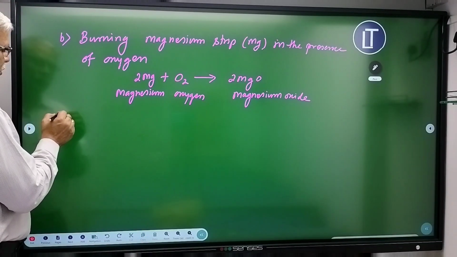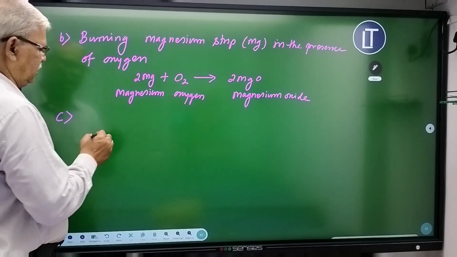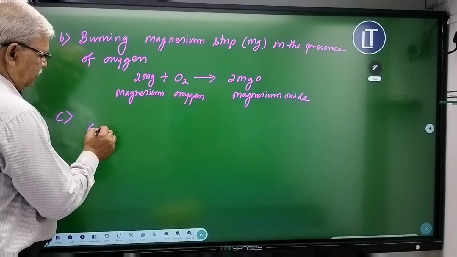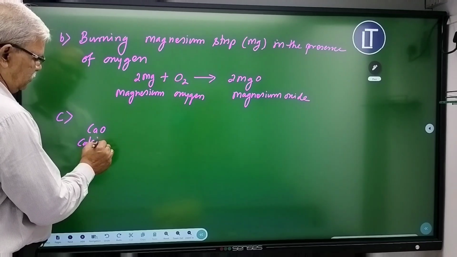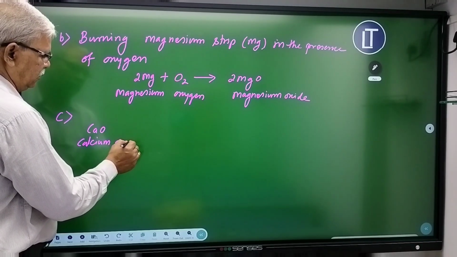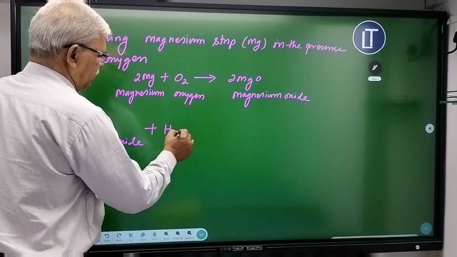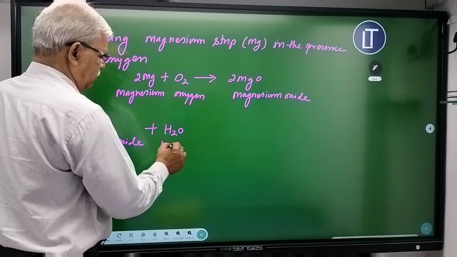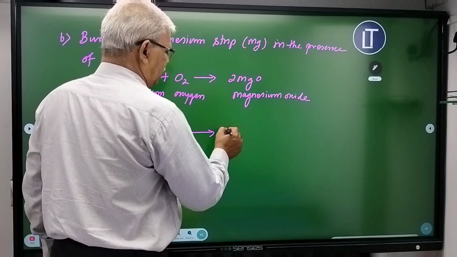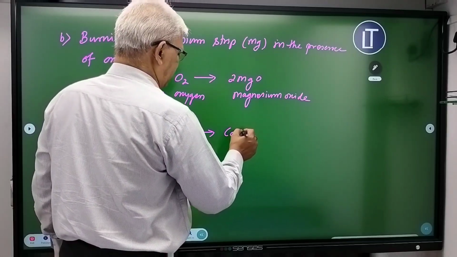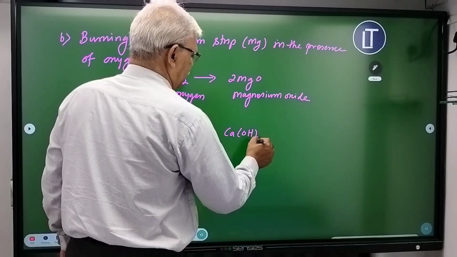And now the third one: calcium oxide combined with water forming calcium hydroxide.